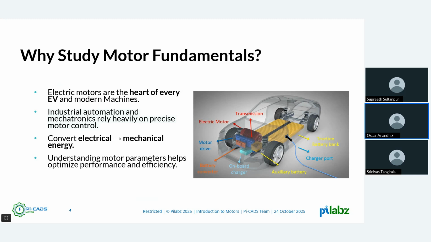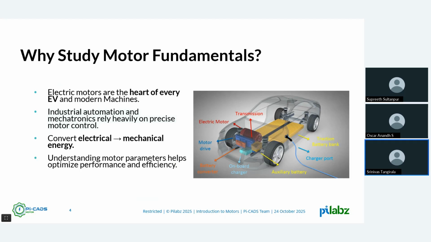Now let us understand motor parameters like torque, speed, current, and constants such as K and KT, which will be very useful in optimizing performance, improving efficiency, and designing smart machines.